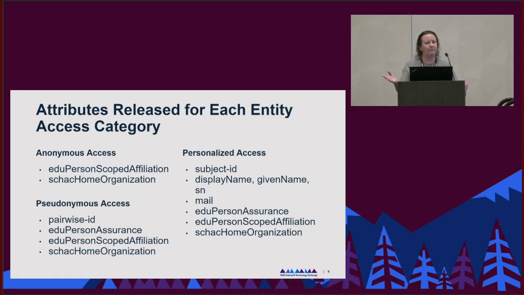So for those of you that are familiar with or release the attribute bundle currently for the R&S entity category, personalized is meant to replace that, and within InCommon, to have the personalized access entity category assigned to your relying party, you need to meet the same requirements that we have today for the R&S access category.